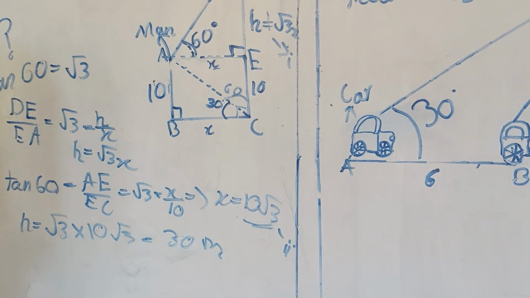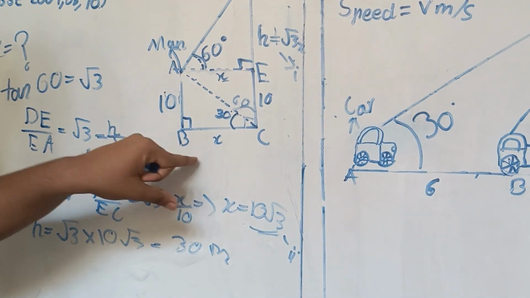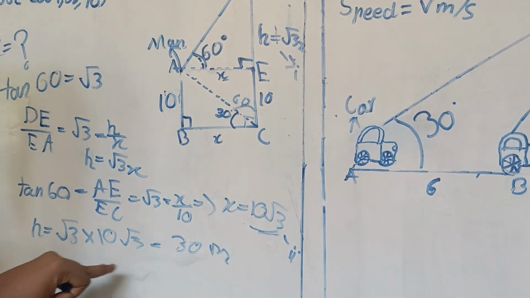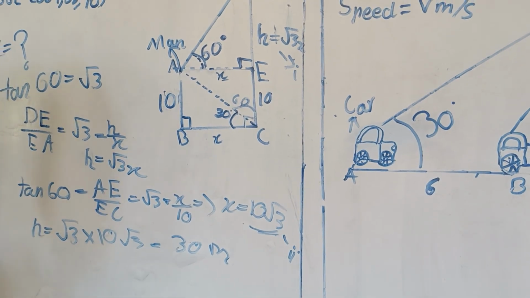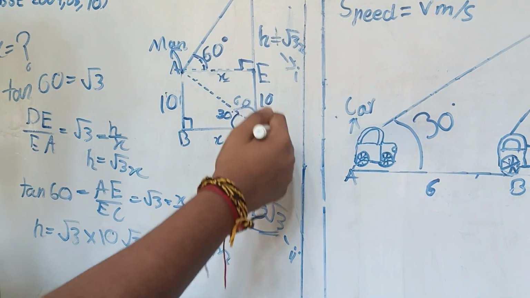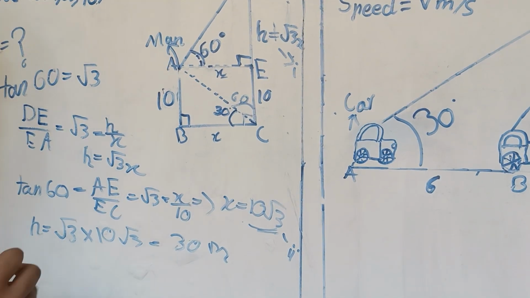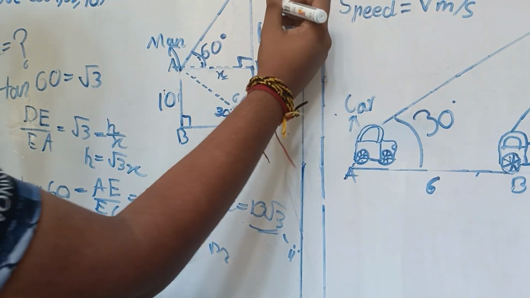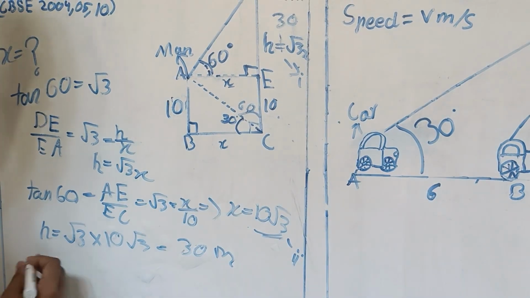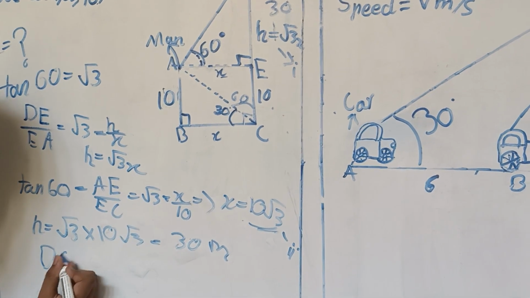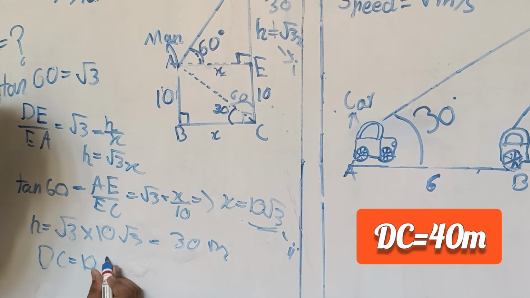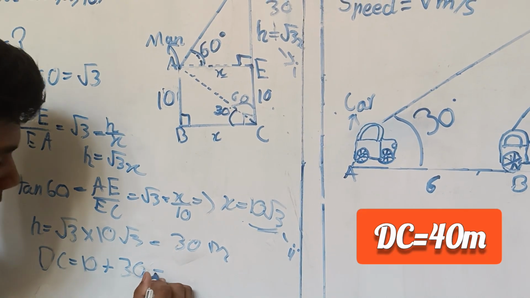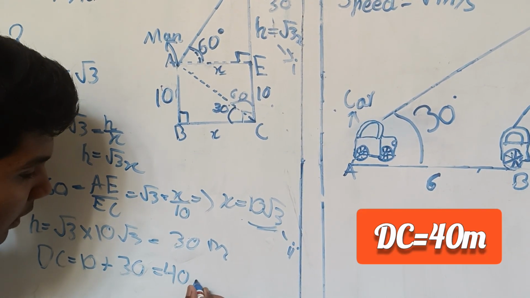But the question is to find the distance between them. We already got x is equal to 10 root 3, right? So how to solve it? The distance here will be 40. How? Because DC is equal to 10 plus 30, that is 40 meters.